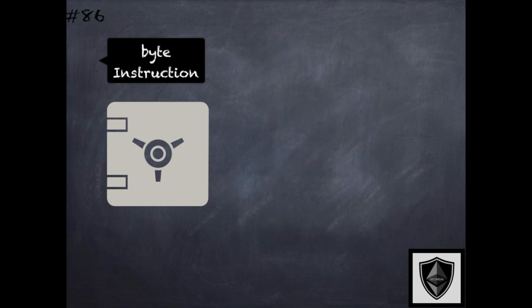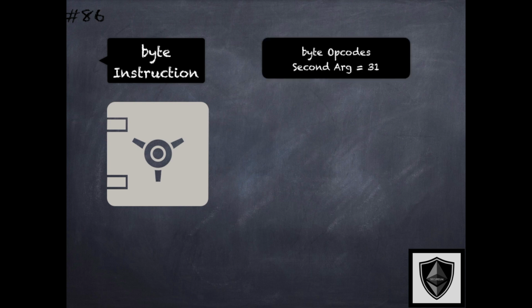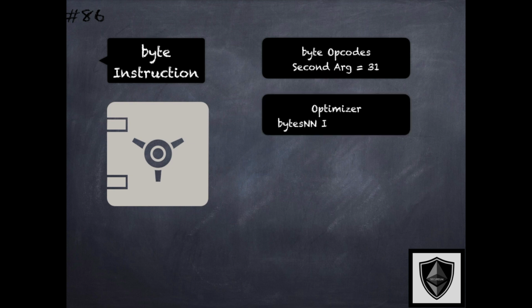This was a compiler bug because of incorrect optimization of byte instructions. The optimizer, when dealing with byte opcodes whose second argument was 31 or a constant expression that evaluated to 31, incorrectly optimized it, which resulted in unexpected values being produced.